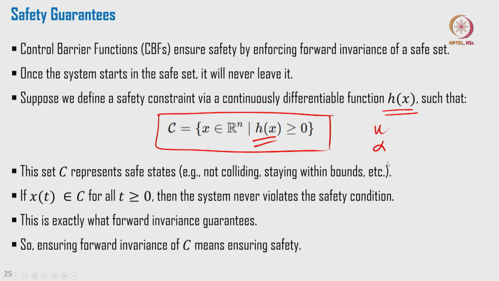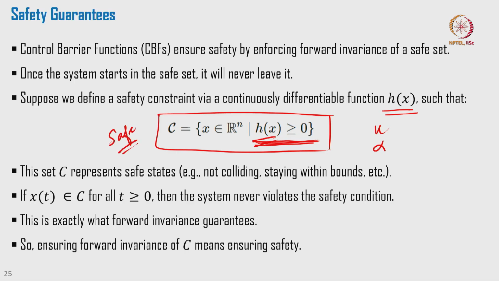How? Because of this part. Now, if x(t), that means the system trajectory or system state, is inside set C, then the system never violates the safety condition. That comes from the CBF theorem. So this is exactly what forward invariance guarantees. So we are saying that C is a safe set. That is how we define it.